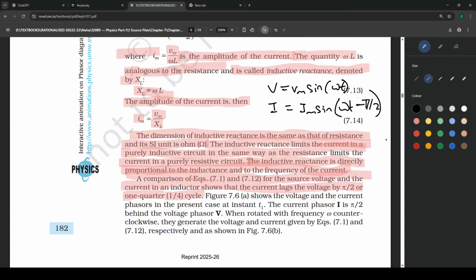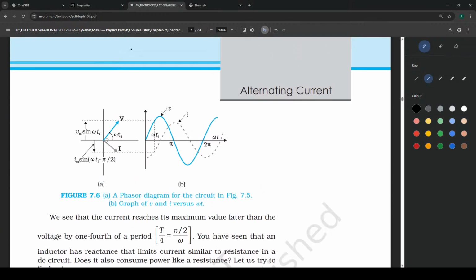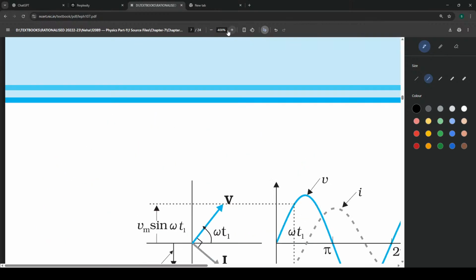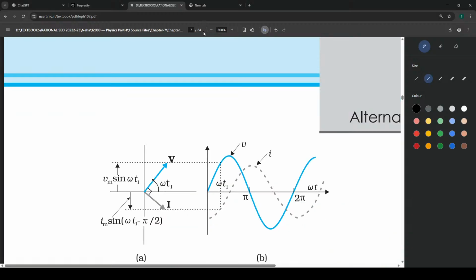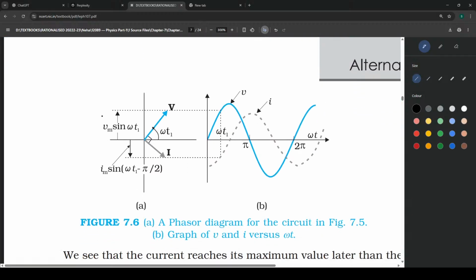And let's observe the diagram here. This is the phasor diagram as well as the graph. Let's see the graph first. When potential difference is zero, current is at minus peak value, and when potential is at peak, current is at zero value.